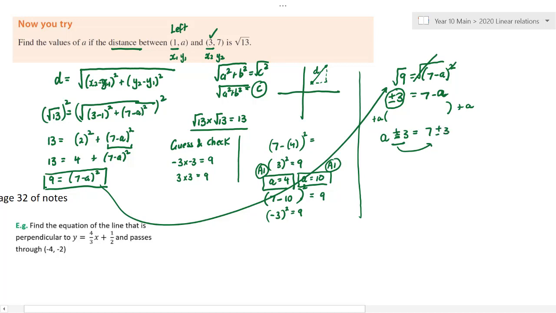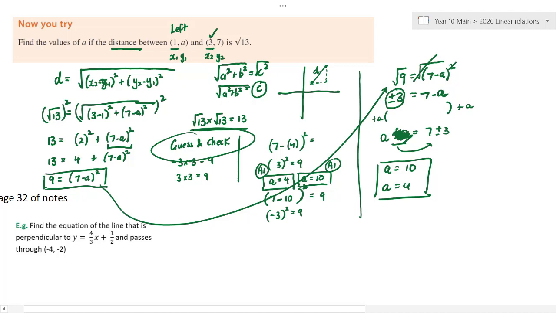We'll be adding 3, we'll be subtracting 3 to both sides. So really that sign can go over the other side. So 7 plus 3 is 10. 7 minus 3 is 4. That's an algebraic way as opposed to the old guess and check way.